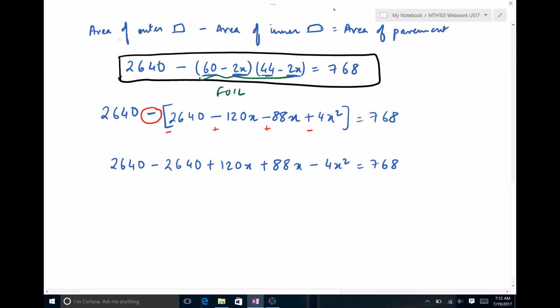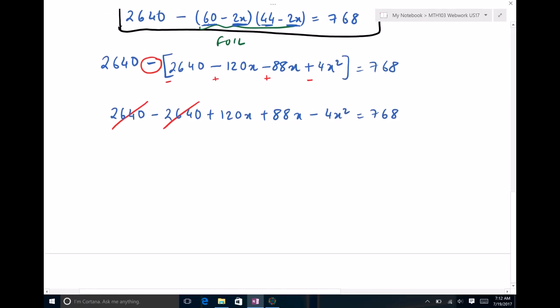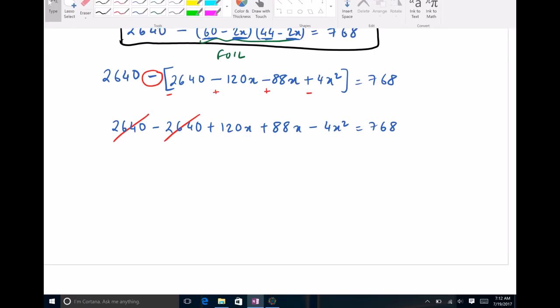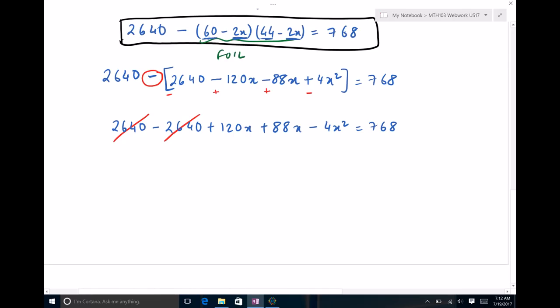I can simplify some of these terms. 2640 cancels out. 120x plus 88x is 208x minus 4x squared equals 768.